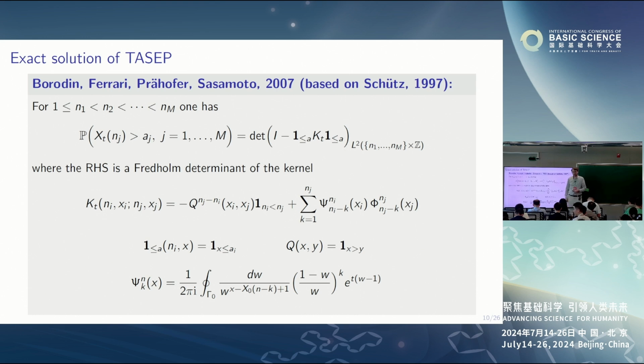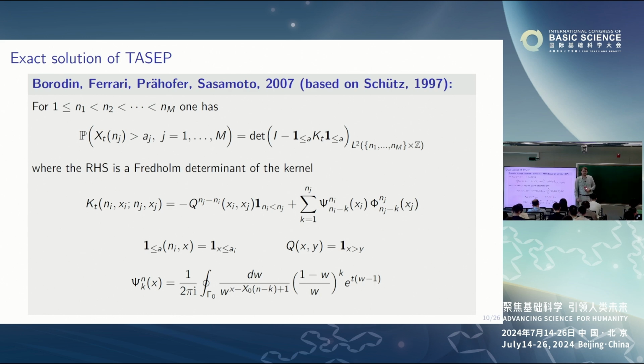The first term is simply a power of some operator Q, which is just an indicator function. Okay, so we just take this indicator function, convolve several times with itself. And the second term is given by the sum of products of two families of functions, psi's and phi's.